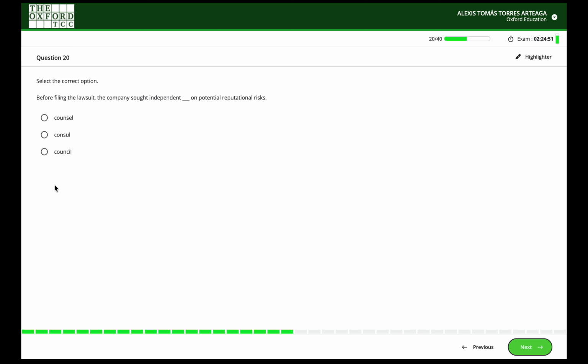Before filing the lawsuit, the company sought independent counsel. The preliminary results appear promising. We still require more robust data set before publication.